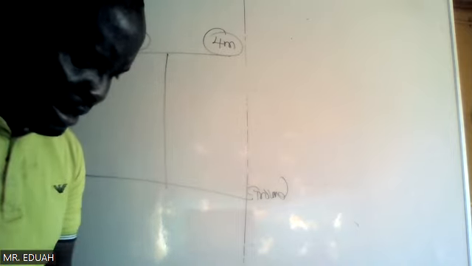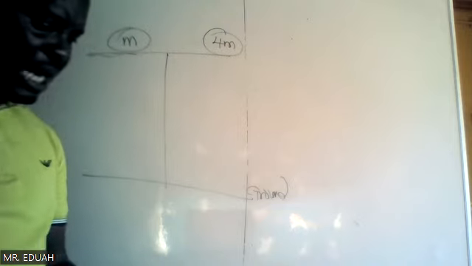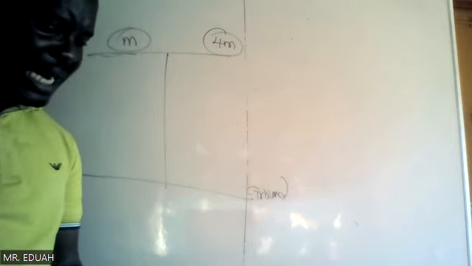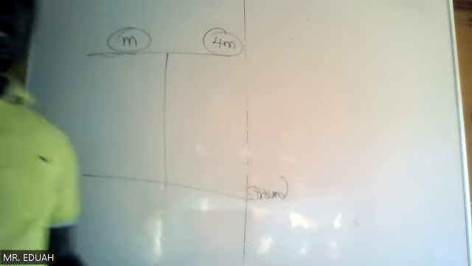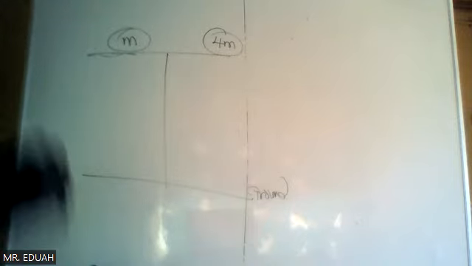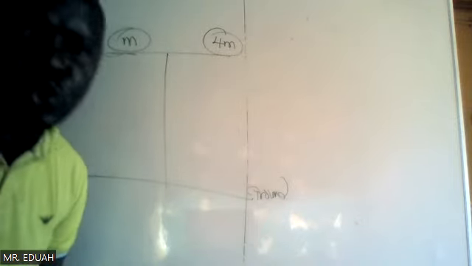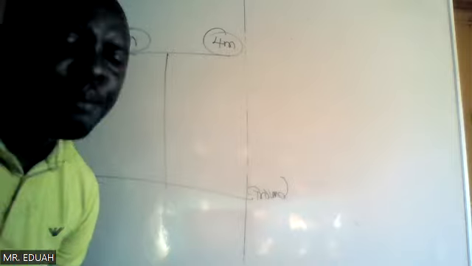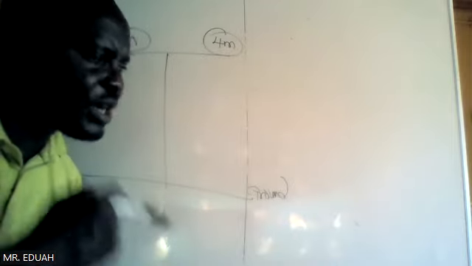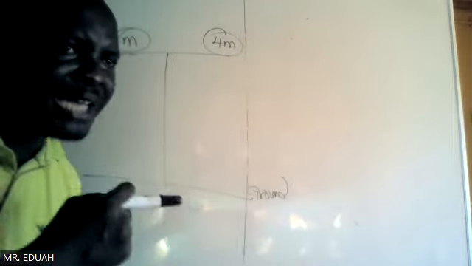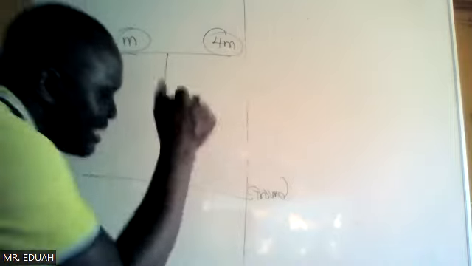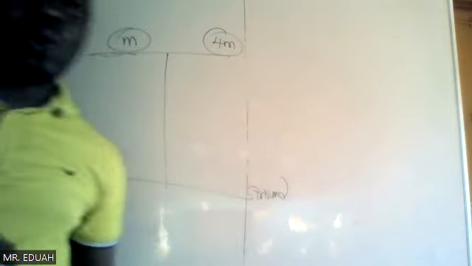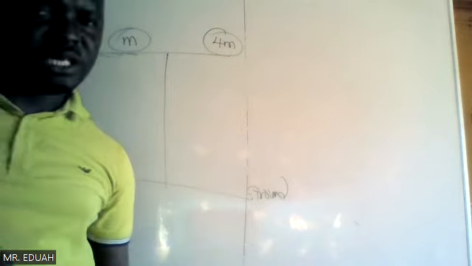When they reach the ground, their kinetic energies will be in the ratio of... when they reach the ground, they will stop, they will be at rest. But such questions require, when they just hit the ground, what is their kinetic energies?